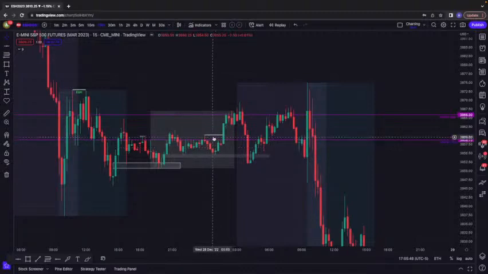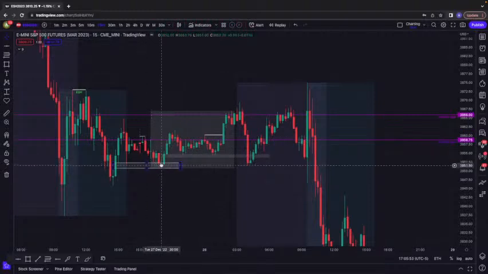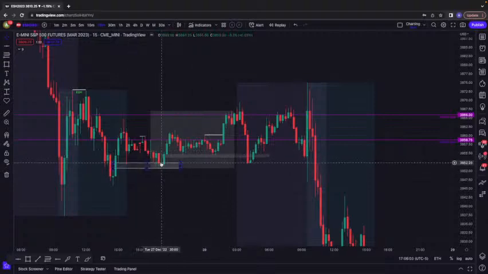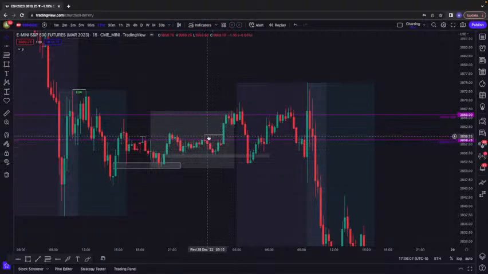So right here where I have this white line, I figured we had the original rejection out of the order block on the higher time frame, and then we had these fair value gaps that appeared to be bullish, and we kept rejecting out of. And so this was my, okay, huge displacement right here.